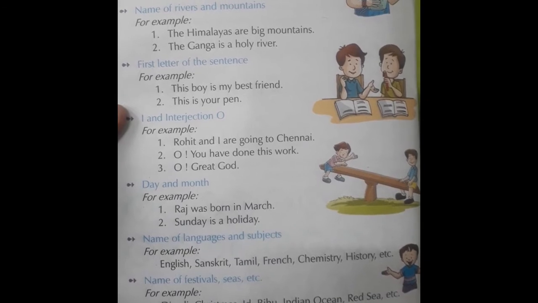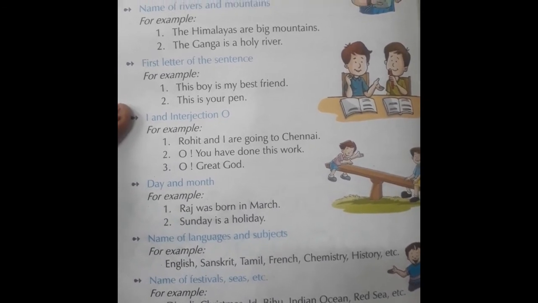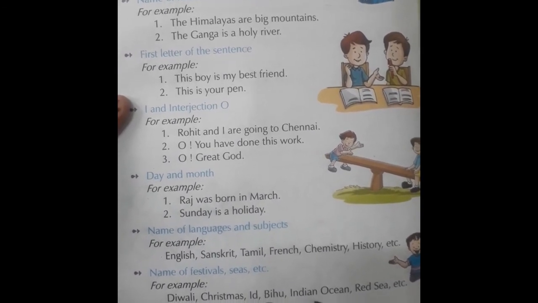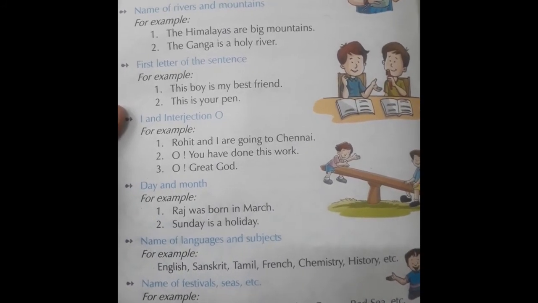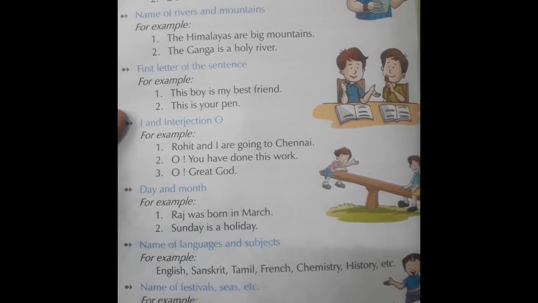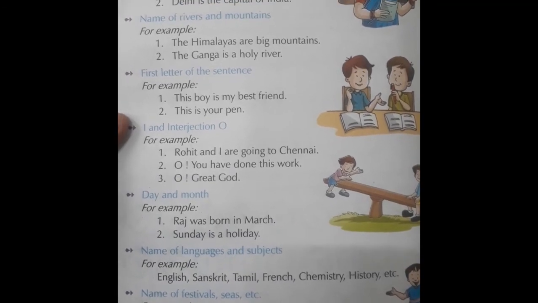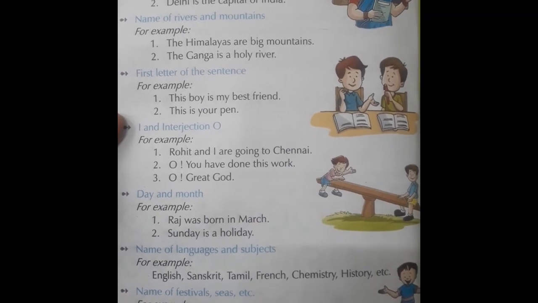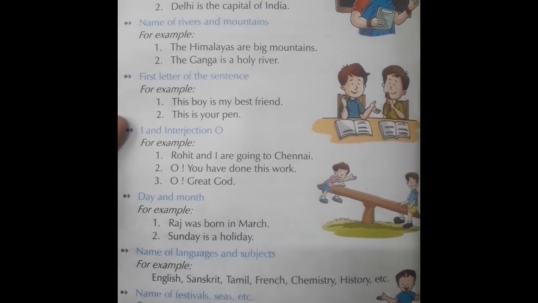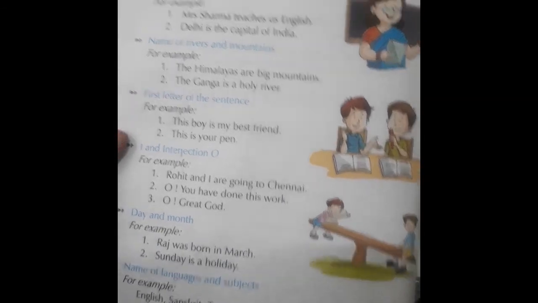These are festivals. We will write festivals in capital letters in any sentence. And seas, oceans, Pacific Ocean, Arctic Ocean, Indian Ocean. These are oceans. We will write in capital letter. Red Sea. Okay, and many more.